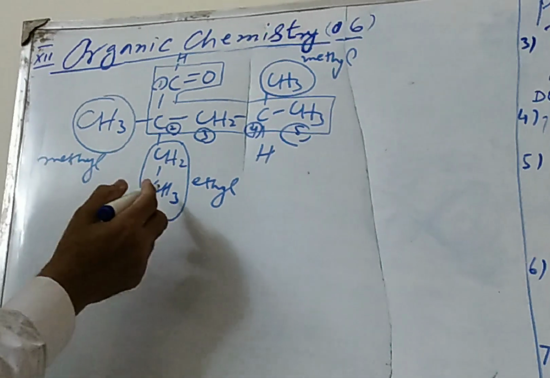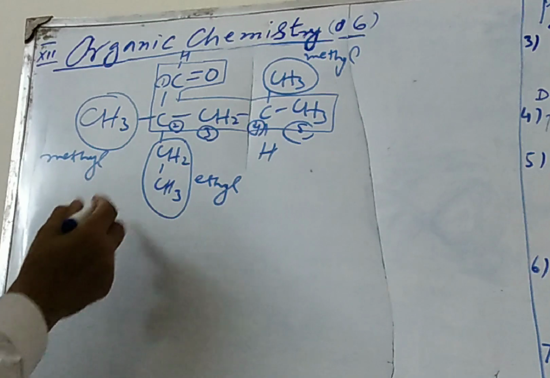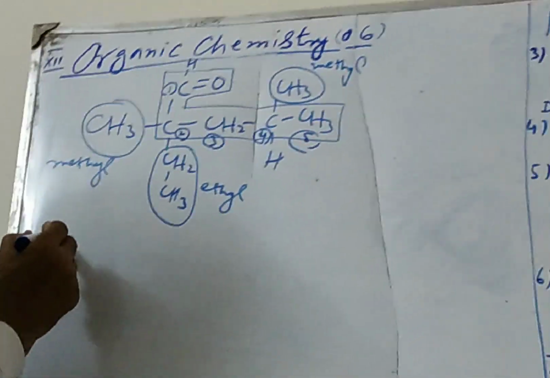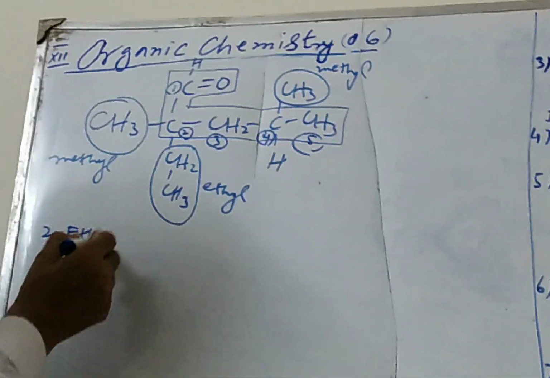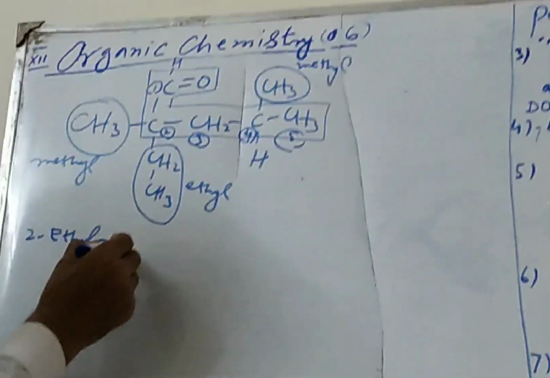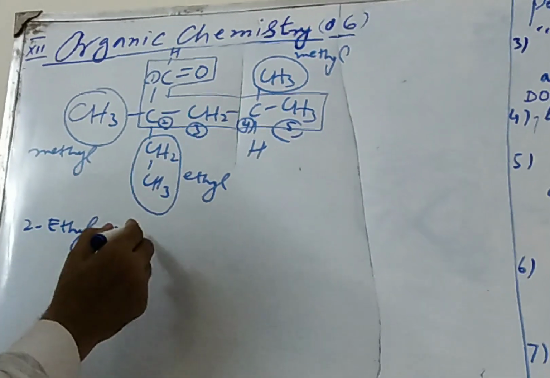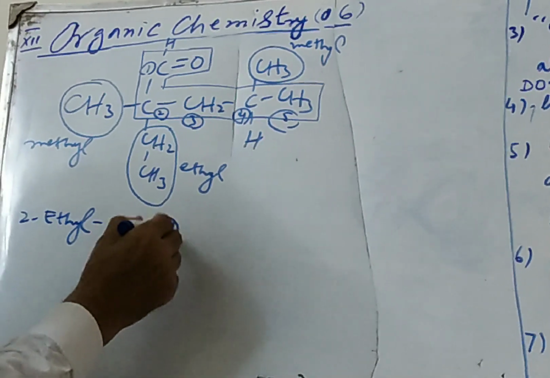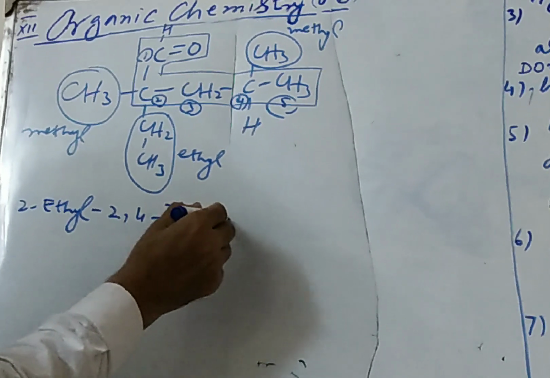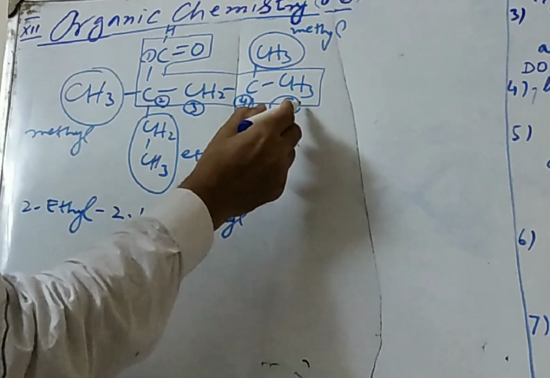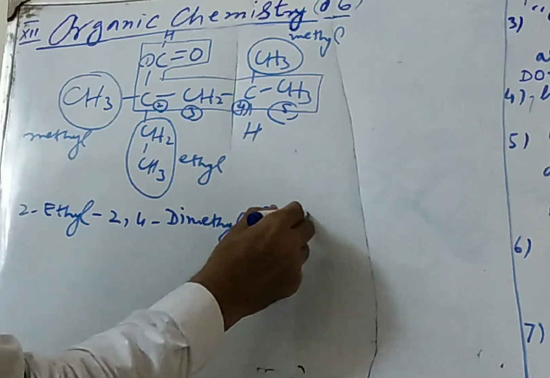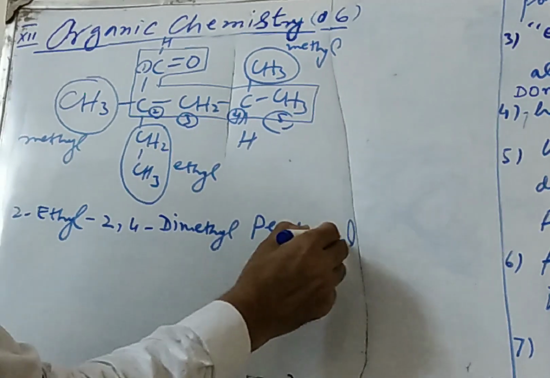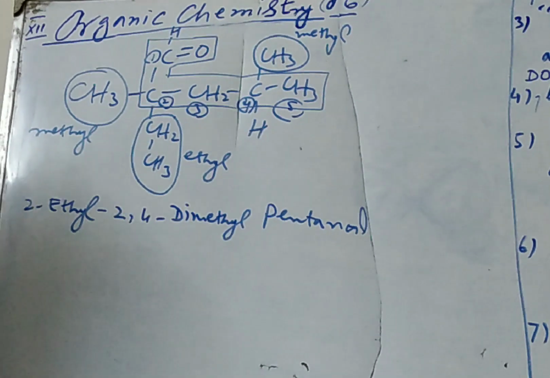This is the ethyl. Alphabetically it comes first. Position is 2, that is 2-ethyl. And then 4,4-dimethyl. The 5 means pentanal. This is the nomenclature.